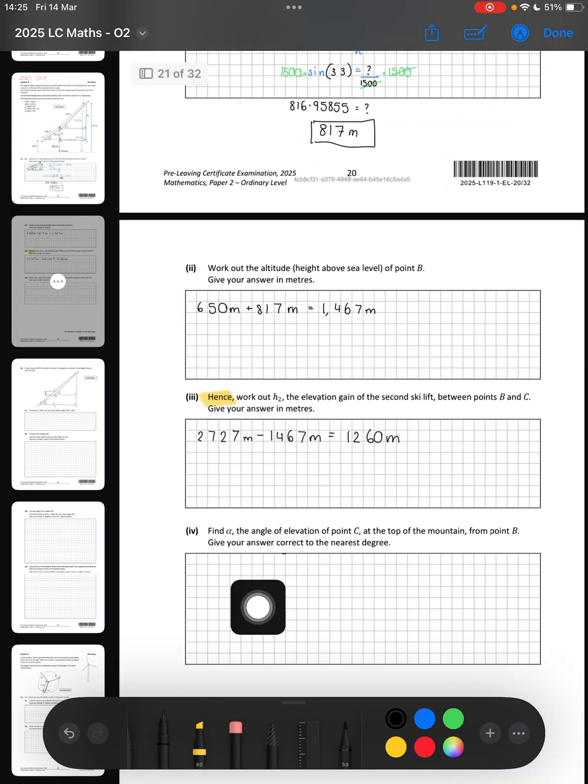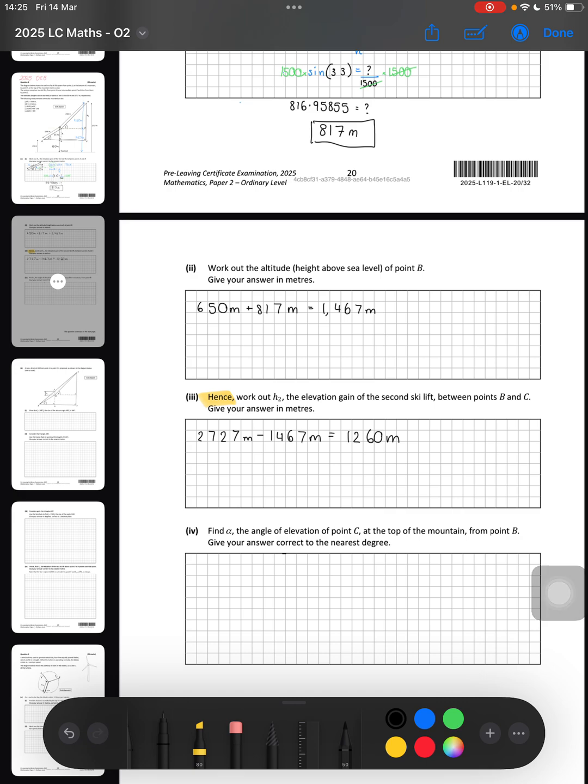Okay, so then it says, find A, the angle of elevation of point C at the top of the mountain, okay, from point B. Give your answer correct to the nearest degree, okay? So they want us to find alpha, A, an angle of elevation.